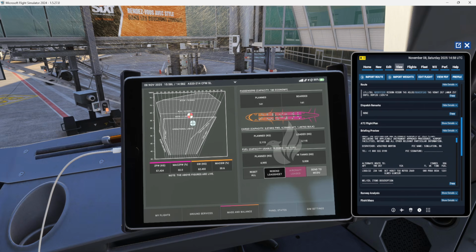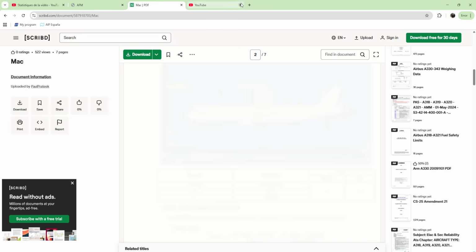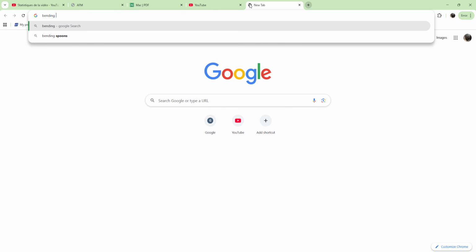We need to calculate it, because if we have a very low zero fuel mass and we have fuel, we can get a bending moment. So the bending moment is actually this one. Let's go here and look at bending moment.